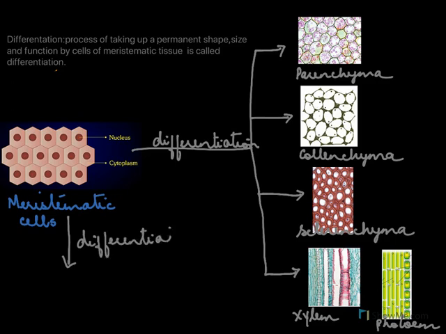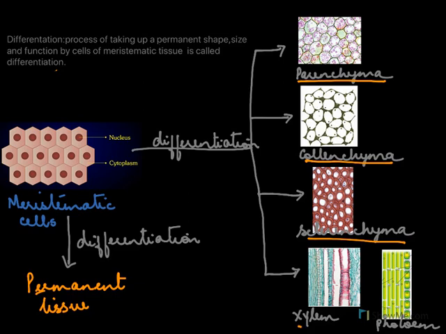They become different from one another and they form a tissue now called the permanent tissue. They are no longer called meristematic, but they are called the permanent tissue. And as we have seen, we have different kinds of permanent tissue. We have the parenchyma, the collenchyma, and the sclerenchyma, the xylem and the phloem. All these are called the permanent tissues.